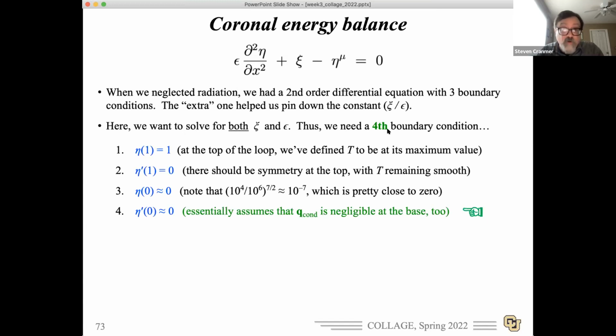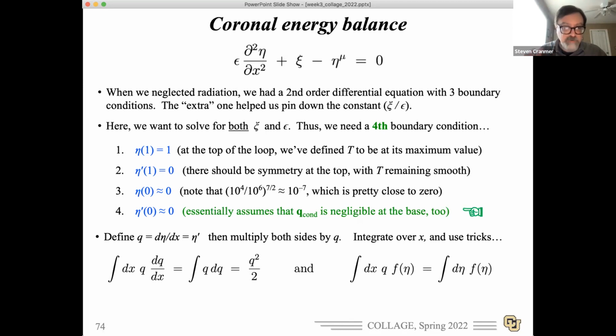So we need 4 boundary conditions to really over-determine this thing: 2 boundary conditions for the second order differential equation and 2 boundary conditions to specify these variables. The fourth one is to look at the slope of the temperature-like variable at the base, which we assume is also negligibly small, or 0, just like we assumed for the value. And again, Martens has a few paragraphs of justification of that also.